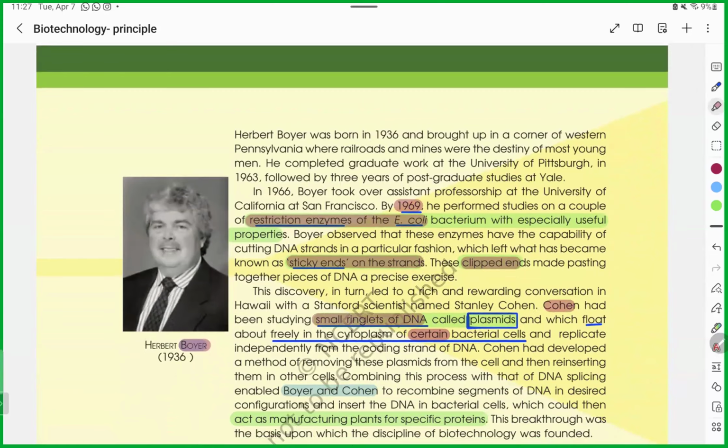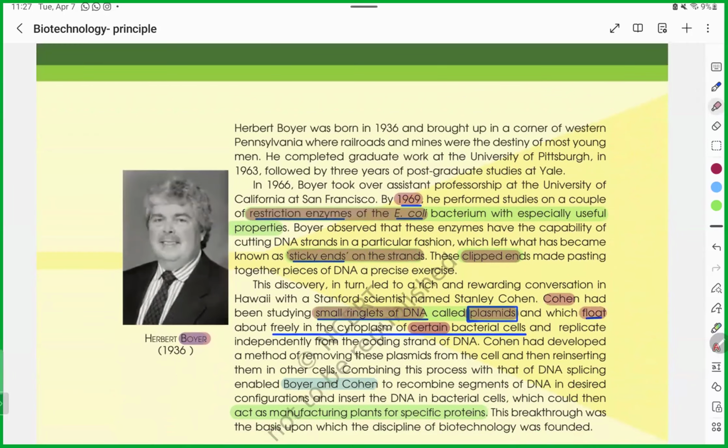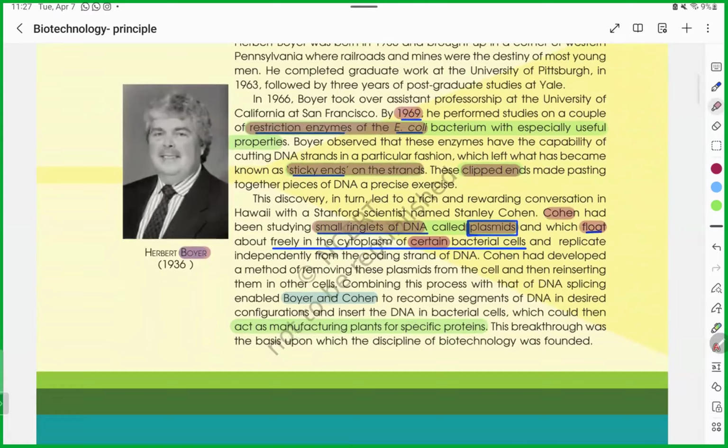The ringlet is known as plasmid, and it floats in the bacteria. Together they discovered that these plasmids are responsible for the formation of certain kinds of protein, because plasmid is DNA, DNA to RNA, RNA to protein. The whole process is, what is this?